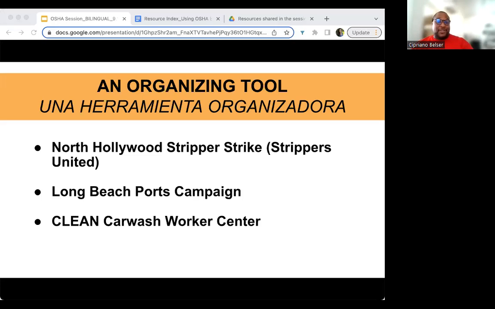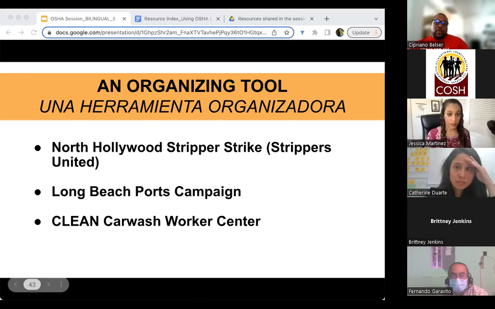Later, we found out that that was actually one of the owners. Because of the connection Cal-OSHA had to these workers, they realized what they had been going through, so they launched a full-on deep investigation into this site, which really bolstered and strengthened that campaign.